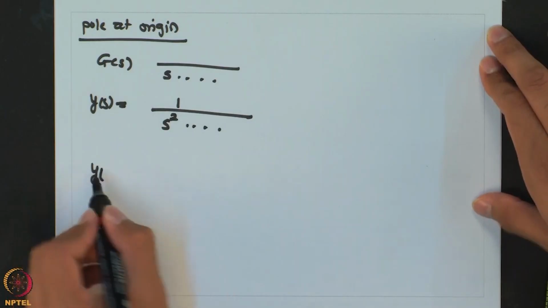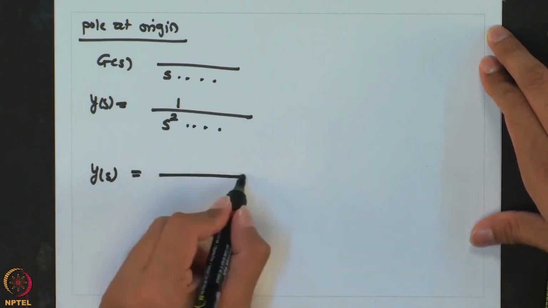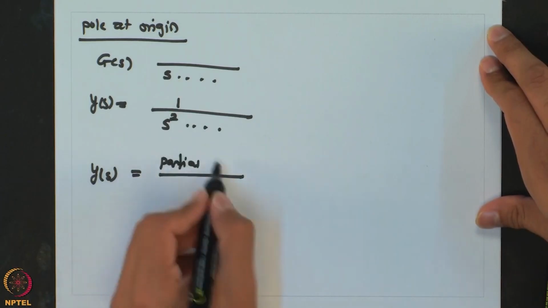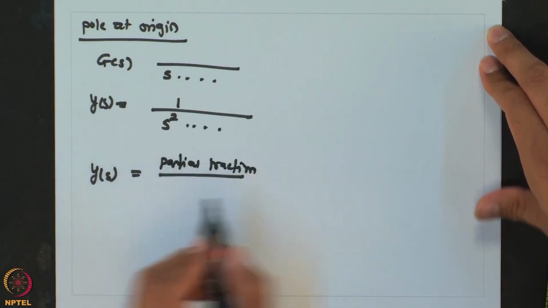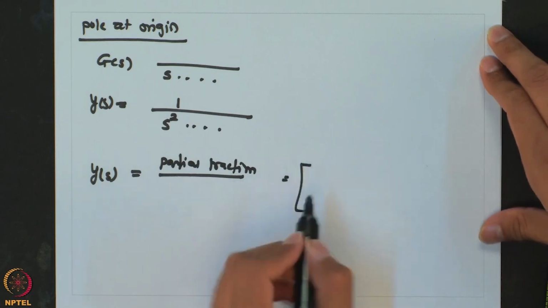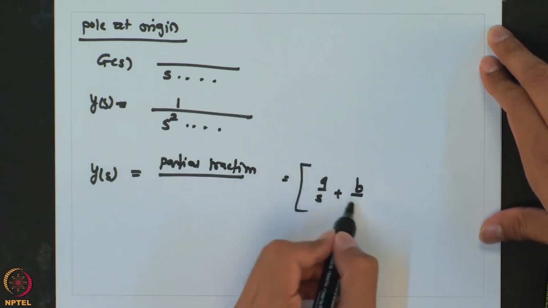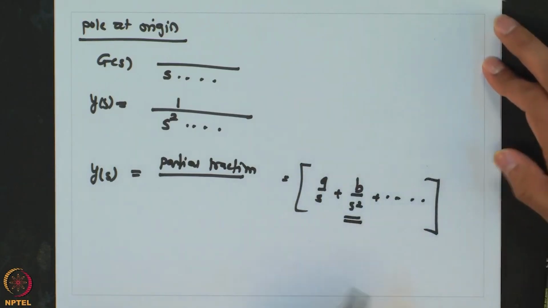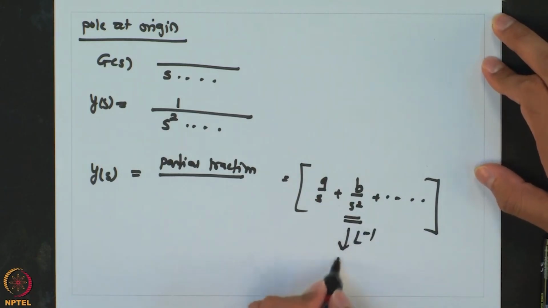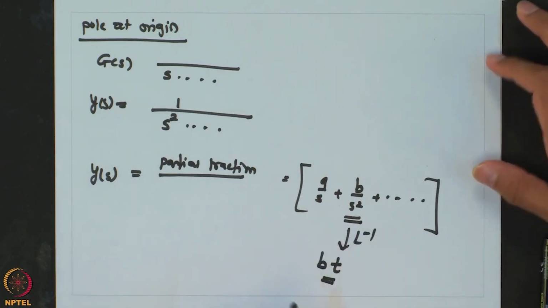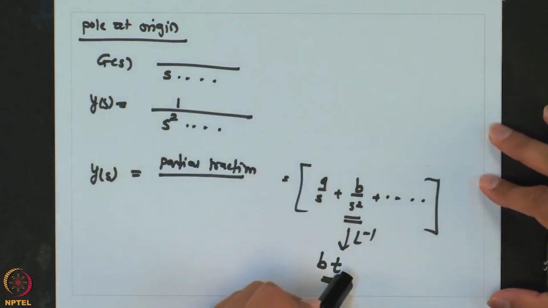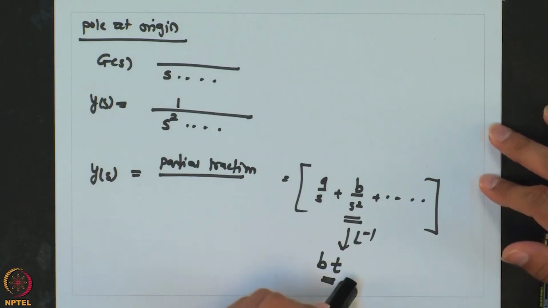So, when we want to write Y(s) in terms of partial fractions, in that case we will be writing it as A over s plus B over s square and the other terms. So, what we are going to have is B over s square, the inverse of that will give you Bt. So, this system will increase linearly with time, or one of the dynamic modes of this system will increase linearly with time.